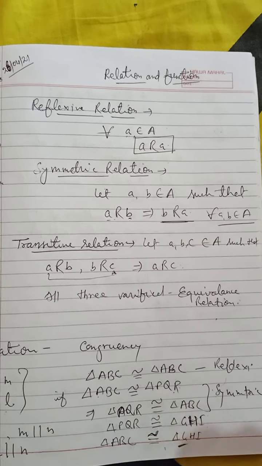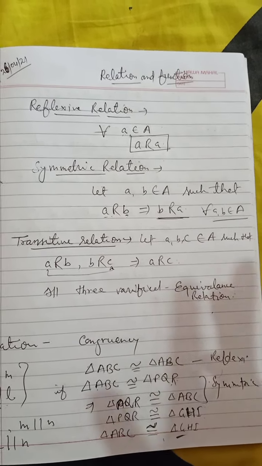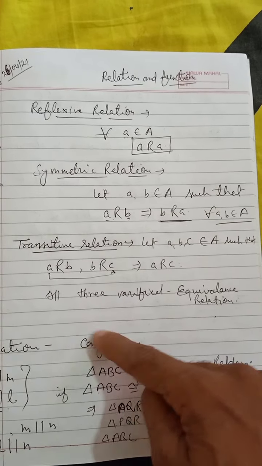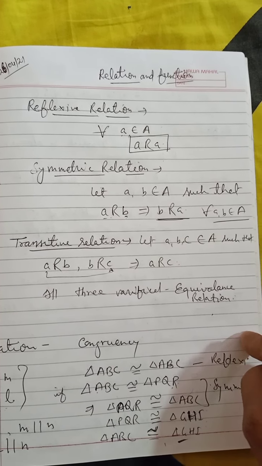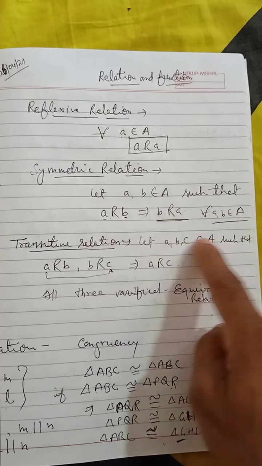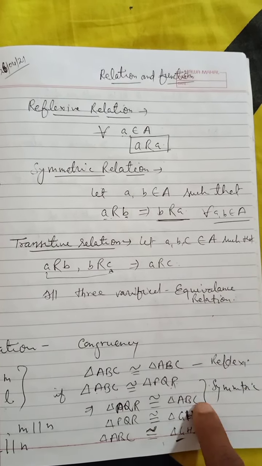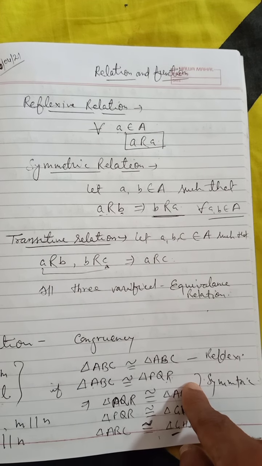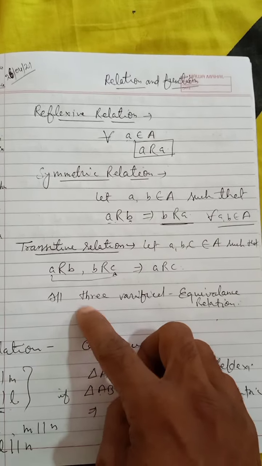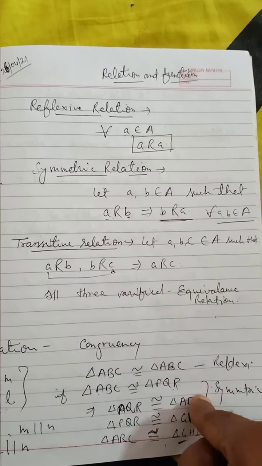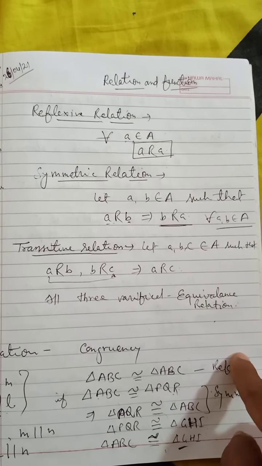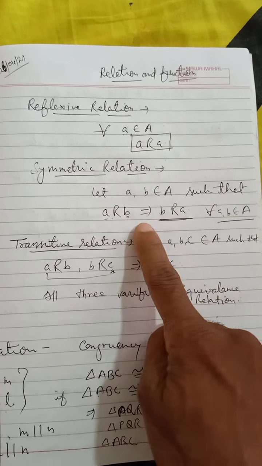Okay, again take example one, parallel lines. Line L is parallel to line L, it is always true. That means it is a reflexive relation. If line L is parallel to M, then M is also parallel to L. That means this is a symmetric relation.